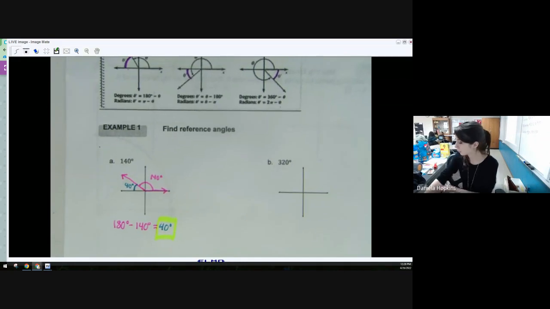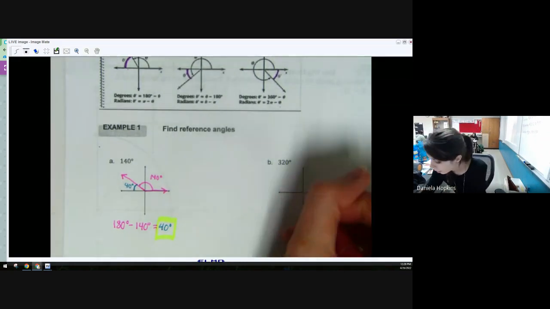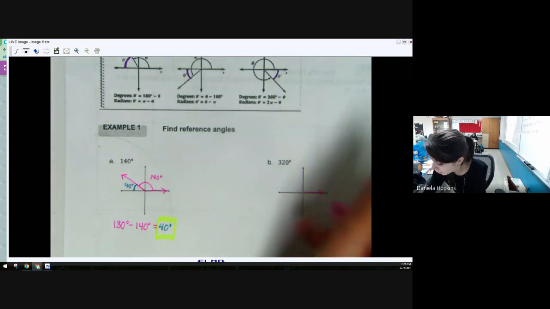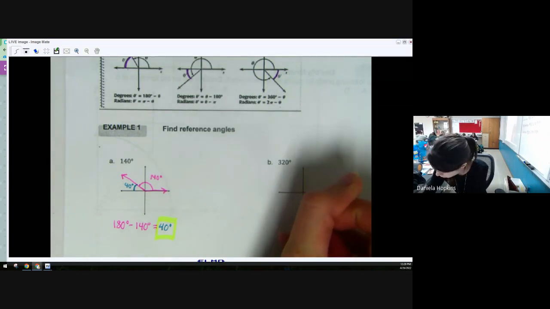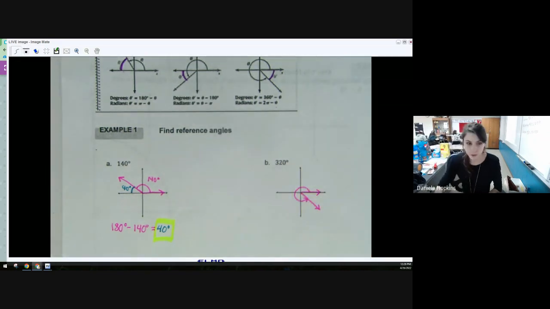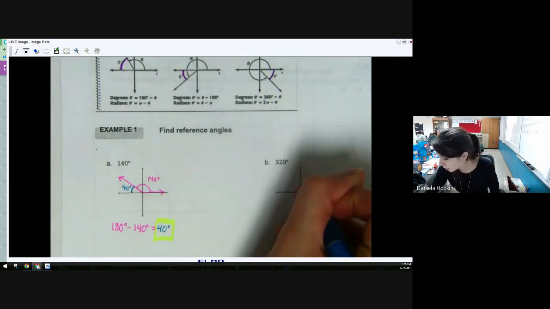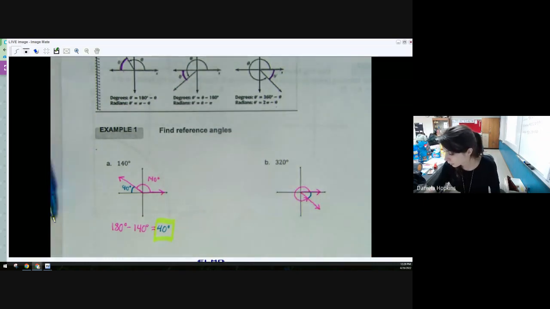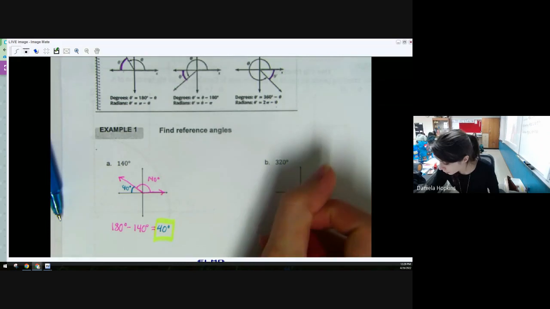Part B, same idea, 320 degrees. If you were to draw this out, our initial side is here. I would rotate about to here, all the way around like that. So then my reference angle is going to end up being right here. This is 320 degrees.